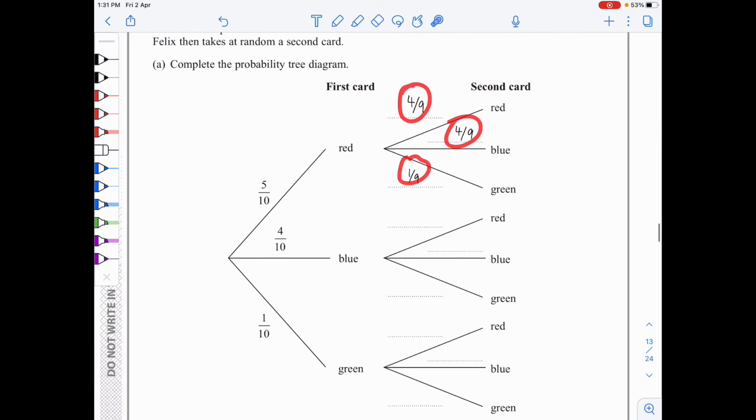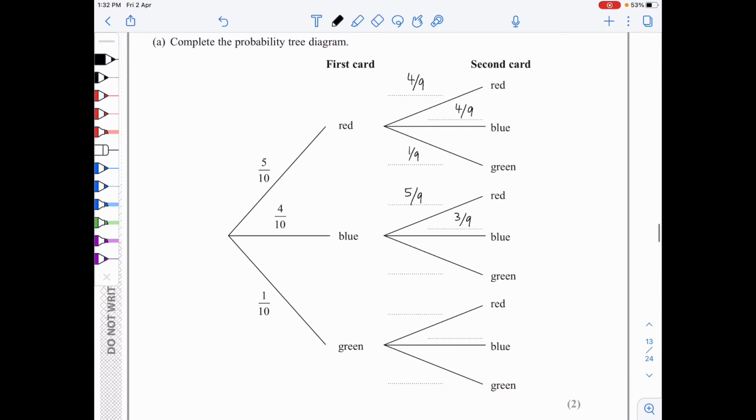Now, if instead the first one was a blue one, I'm still having 5 reds out of a total of 9 cards now, but the blues have gone down by 1 to 3 over 9, and the green is just 1 over 9. Notice that I do not simplify fractions, I leave them as they stand, so that the denominator also represents the number of cards remaining.